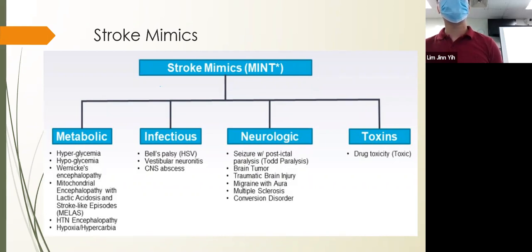So what we do is we apply PCI for the MI. What we do is we can make it for the patient and then we put the stroke on the side.